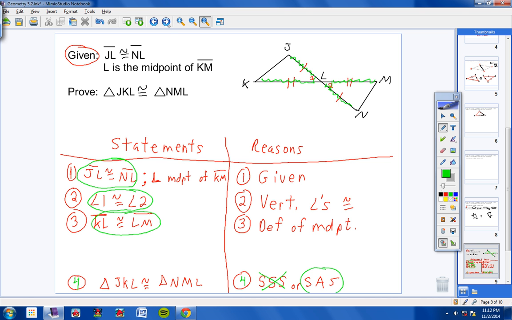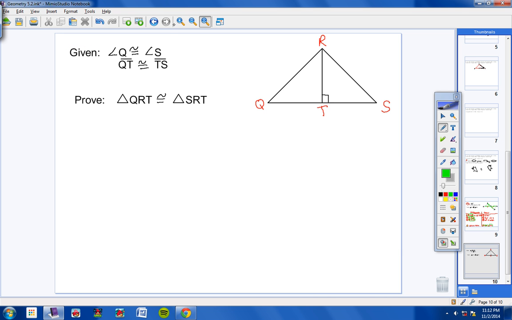So here we go. Now, if you want to try this one on your own, feel free to. You can work ahead if you want to. But before you work ahead, let's go ahead and copy this down here. Copy down your given. Okay, copy down your proof part. And then copy down the diagram here.